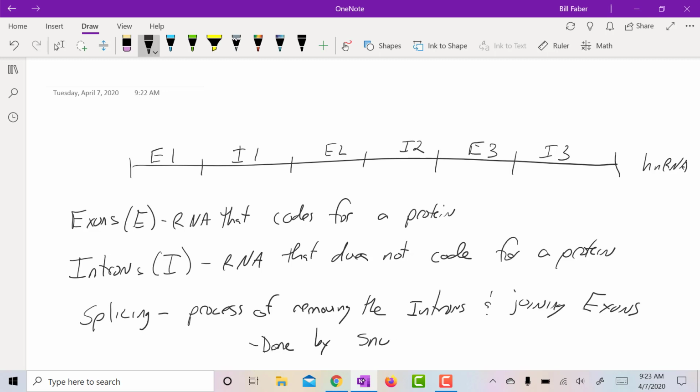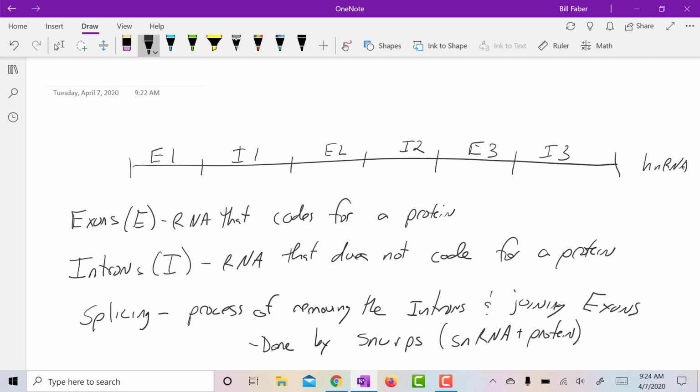A SNRP is, remember, the snRNA plus a protein structure. The way it does this is complicated, but they have studied it and they know how this loops around. Your book does a little bit of an intro of how this takes place.